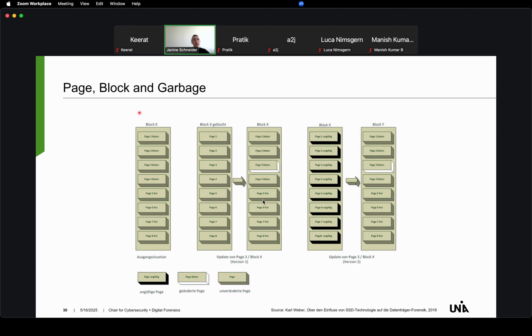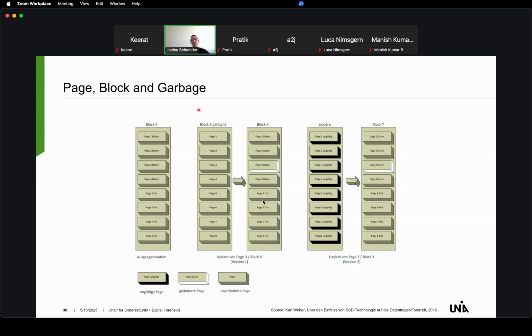We have a block X here with 8 pages, 4 pages where data is stored and 4 pages which are currently empty. This is the starting situation. This is the legend, you can ignore that. So these 4 are free, these 4 currently store data.